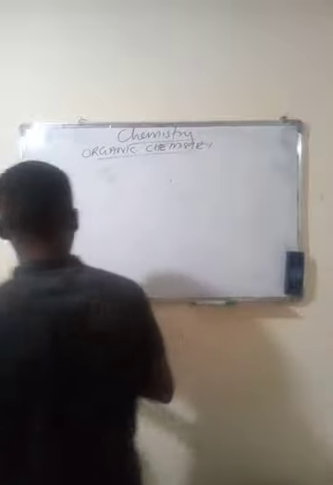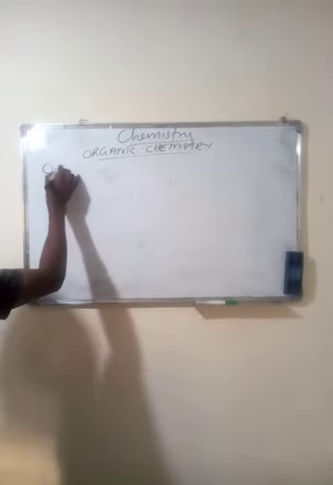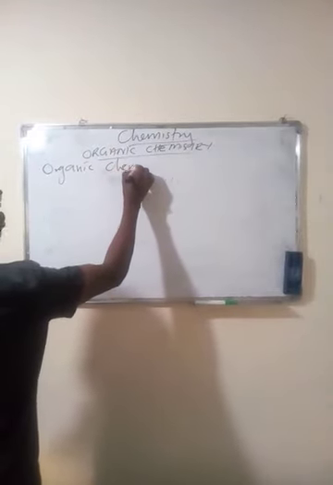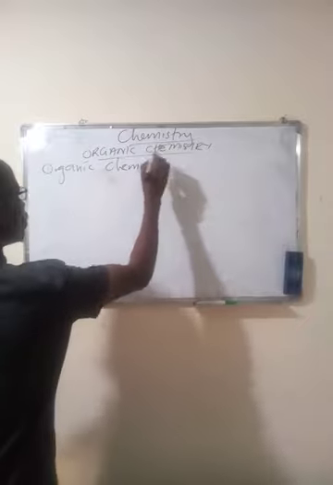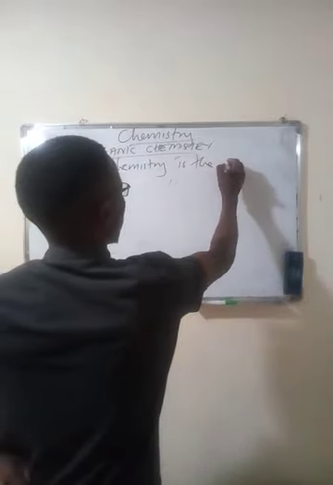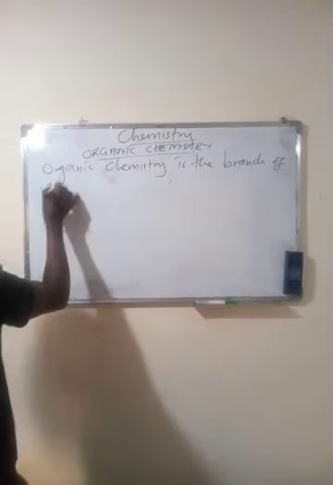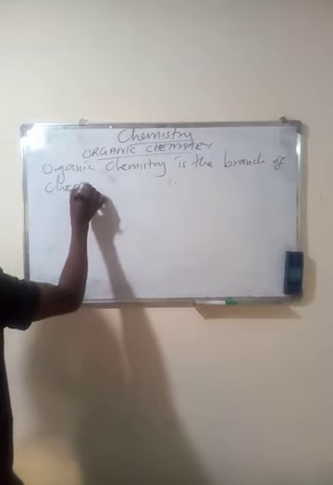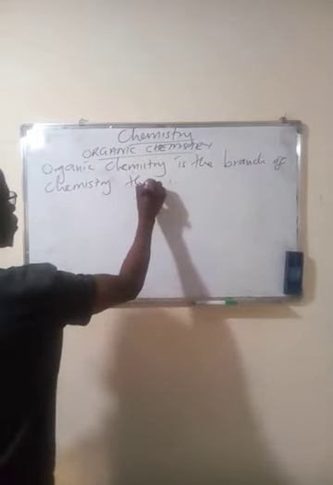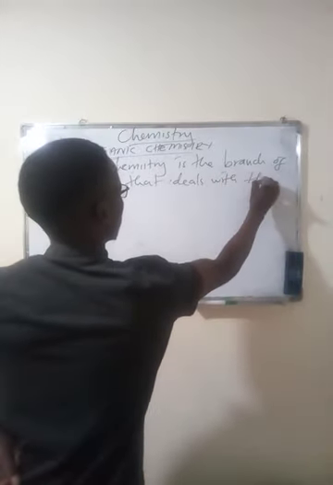Okay, so let's try to write something from what I've said. So, like I've said, organic chemistry. Please feel free to ask questions where not clear. Organic chemistry is the study, or rather is the branch of chemistry that deals with the study of carbon compounds called organic compounds.